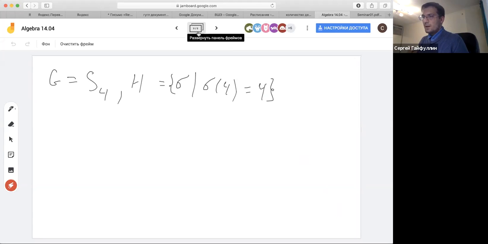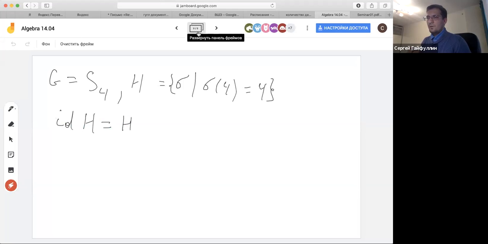What is the left cassette? When I have identity, then identity multiplied by H is of course equal to H. This is one of the left cassettes.